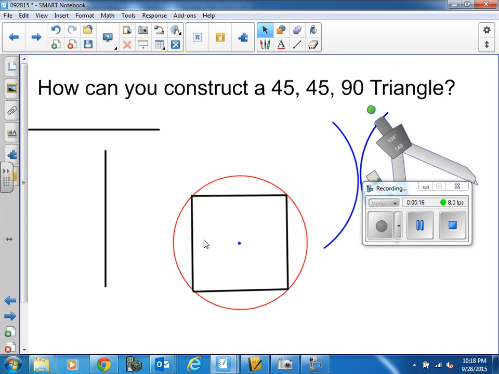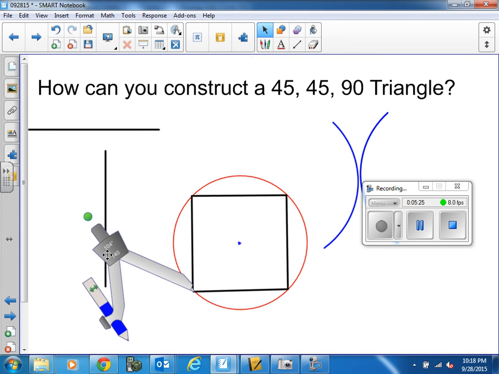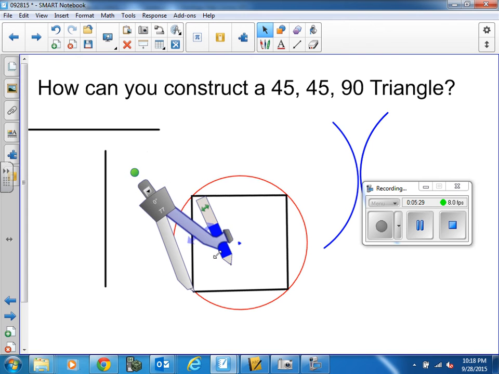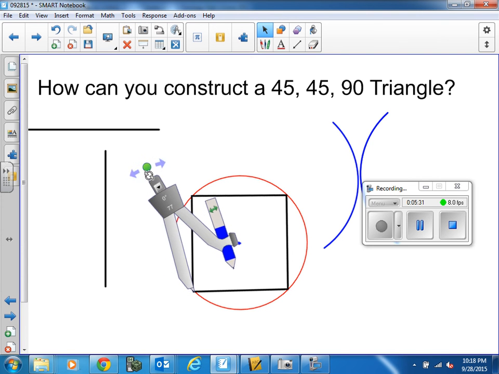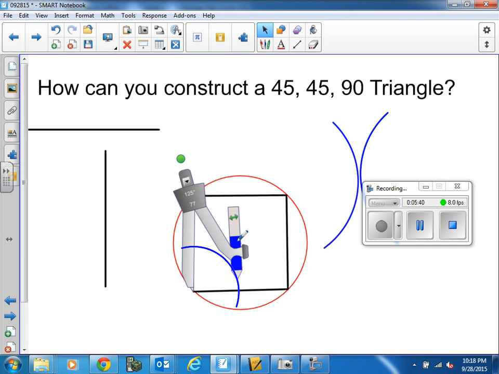So how am I going to get a 45 degree angle? Well, we've talked about doing the angle bisector. So what I could do is cut one of these angles in half. Again, if we do this correctly, once we do this angle bisector, now you might think, well, I need to do the angle bisector here and I could do it up here.